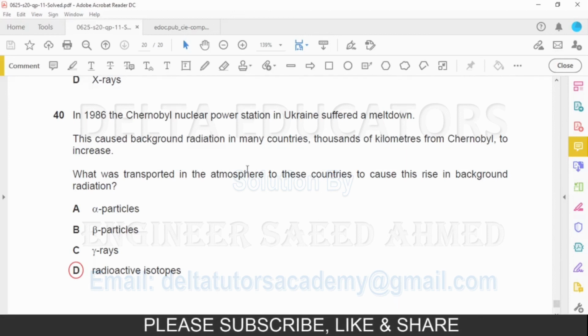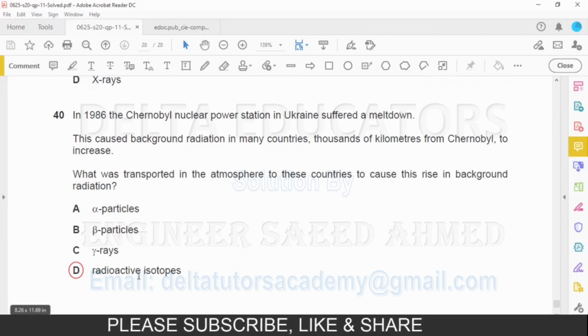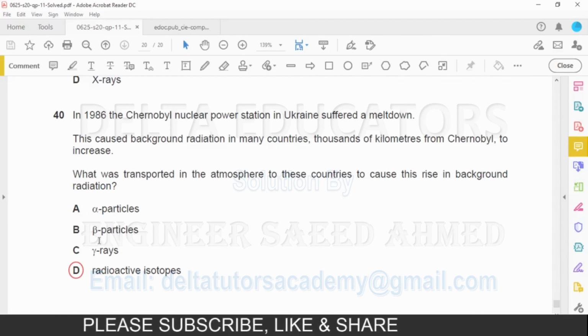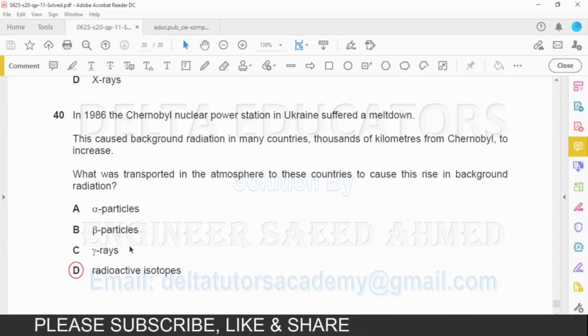Definitely radioactive substances were emitted from Chernobyl. So here our correct option is option D, radioactive isotope. In options A, B and C it is given alpha, beta and gamma. Alpha, beta, gamma are radioactive rays. When a radioactive isotope disintegrates, all these three rays can be emitted from the radioactive substance.